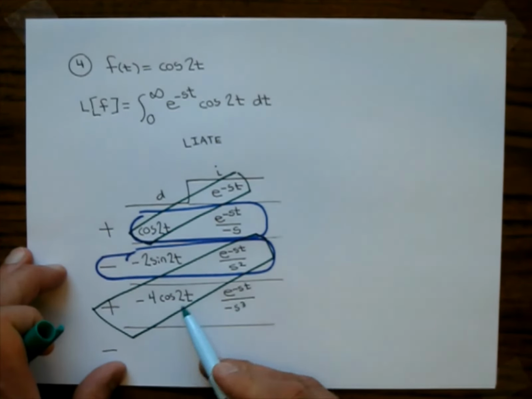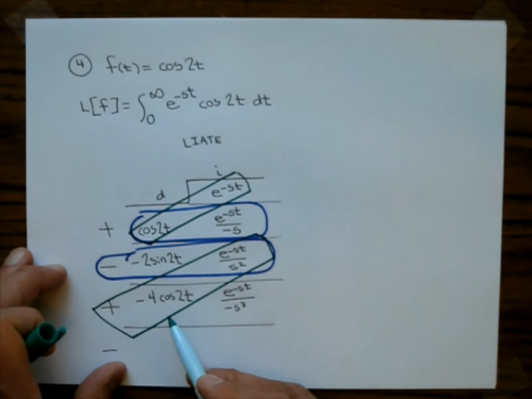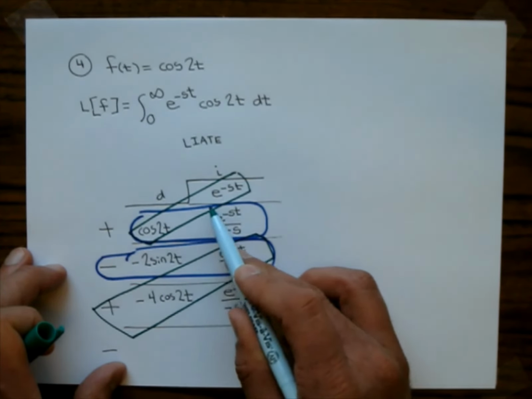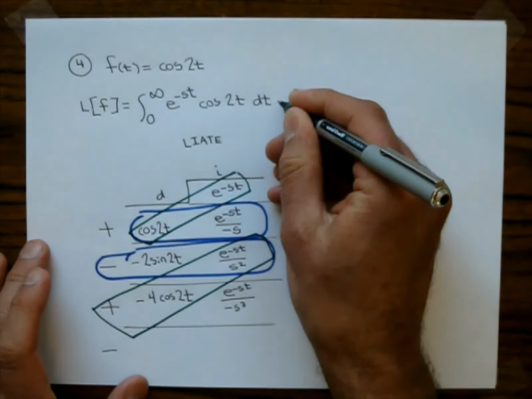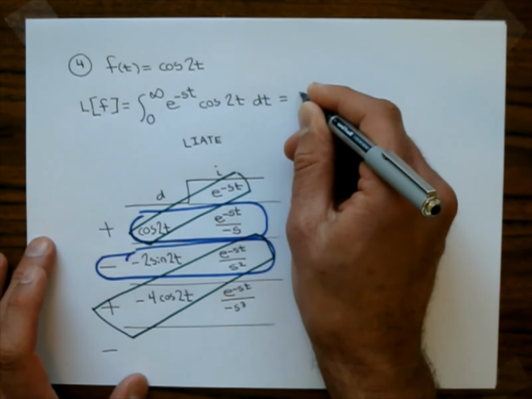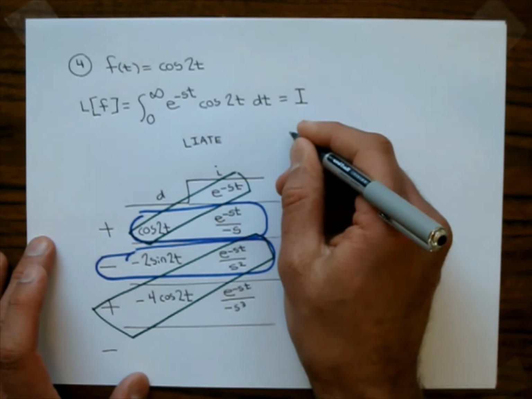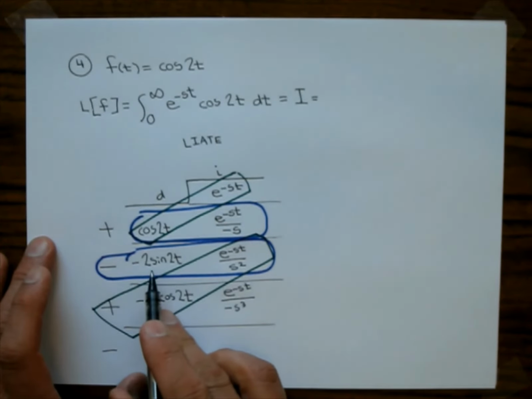And when you turn off the machine, you have to write that product as an integral. Now, why would I want to turn off the machine there? Because that integral almost looks like my original integral. Okay, so my original integral I'm going to write as, I guess, I. And so I is going to equal, let's pick up the first two blue circles that I did.